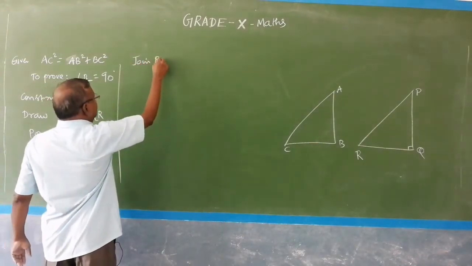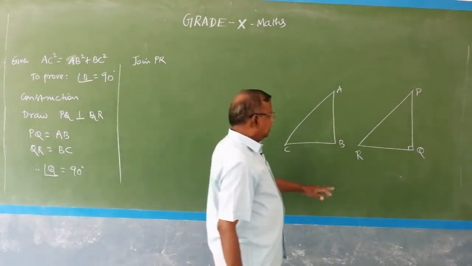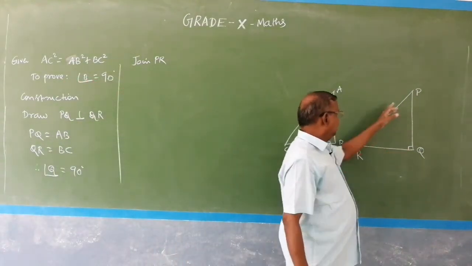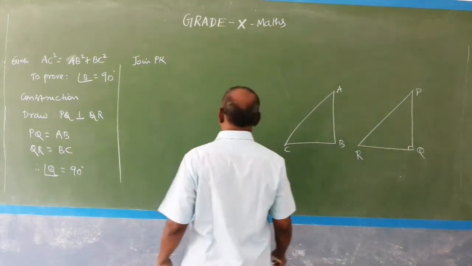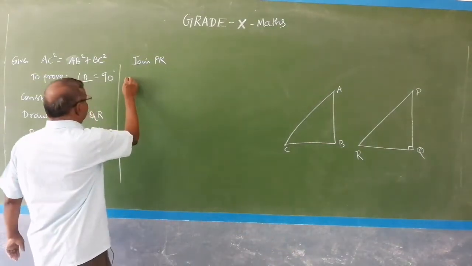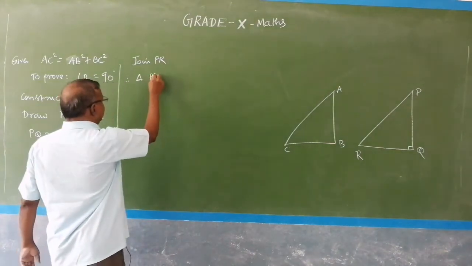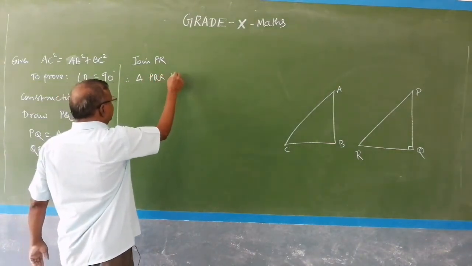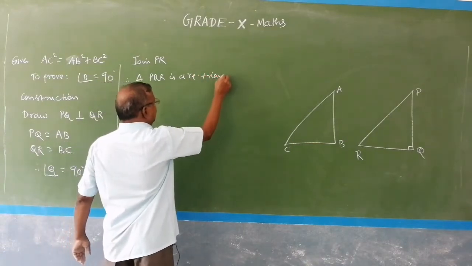Consider this right angle triangle. PQR is right angled at Q. Therefore triangle PQR is a right triangle.